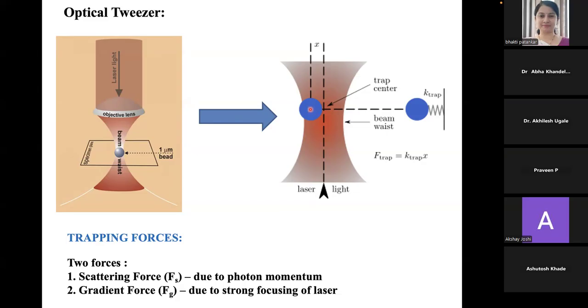So it is really a very tiny bead, and the focal spot here is about 1 micrometer in size. I'm sorry that I have shown here the spot to be larger than the bead. In fact, it's the other way around. The bead is slightly larger, around this much, compared to the focal spot here, which we also call the beam waist. Okay. Any doubts still here? Or should I just continue?